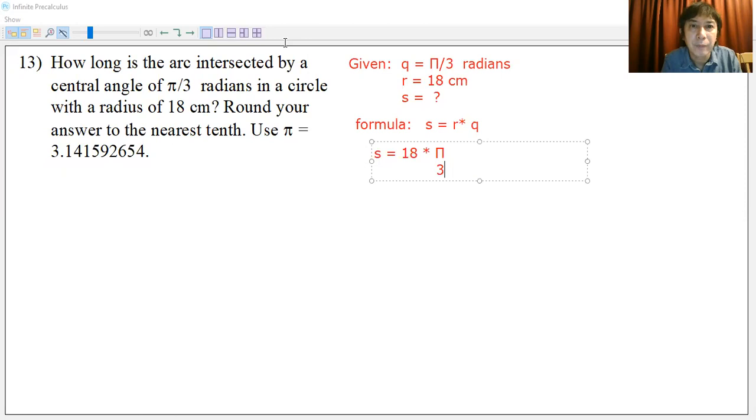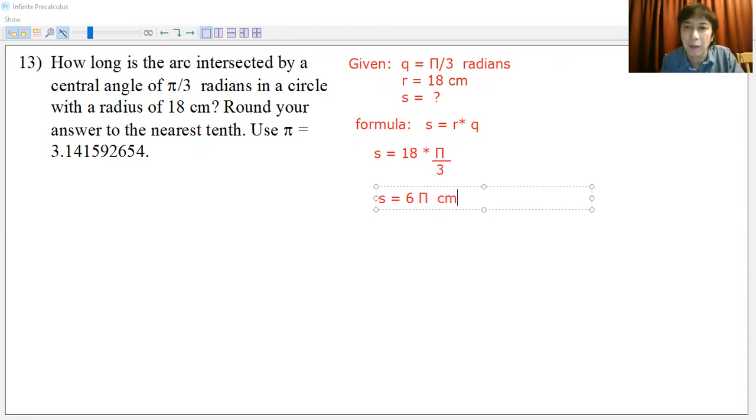So we have 18 times pi over 3. Now you can see the 18 and the 3, 18 is divisible by 3. So our answer here will just be 6 pi. So S is equal to 6 pi, and this will be, of course, in centimeters.